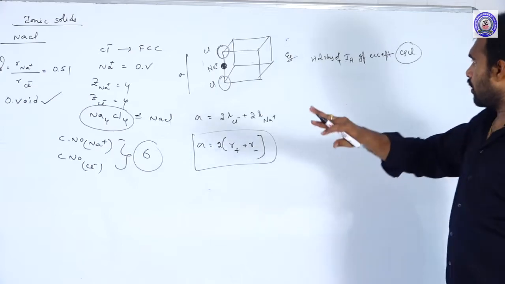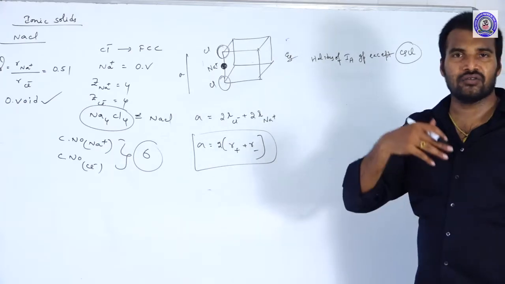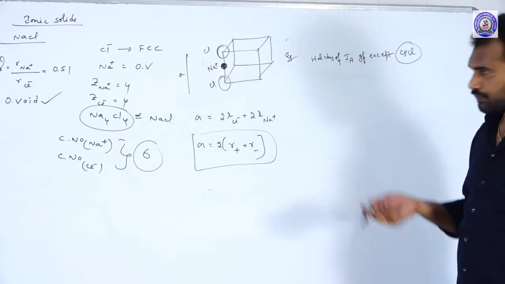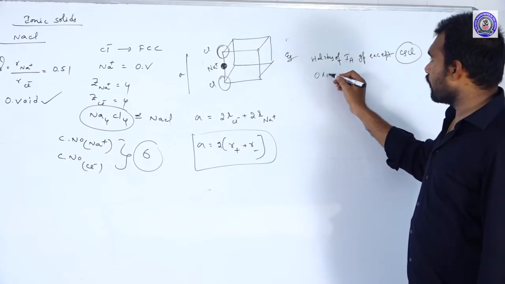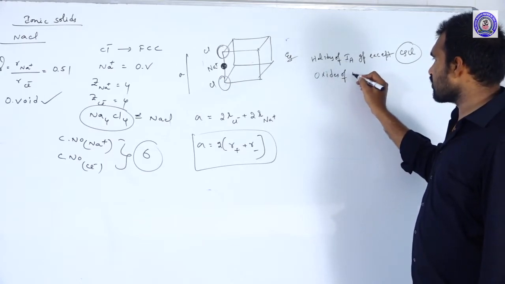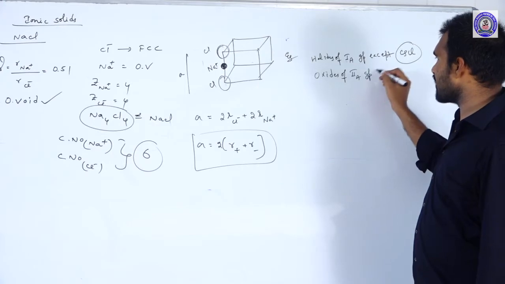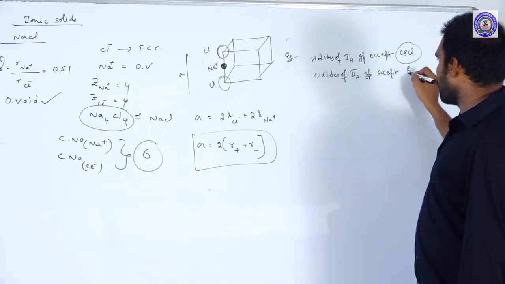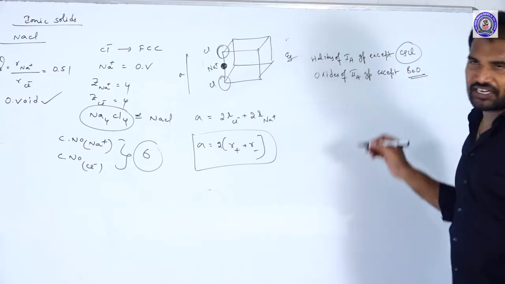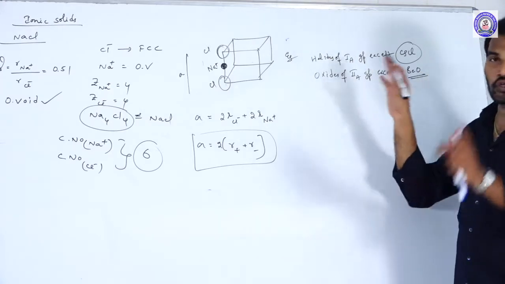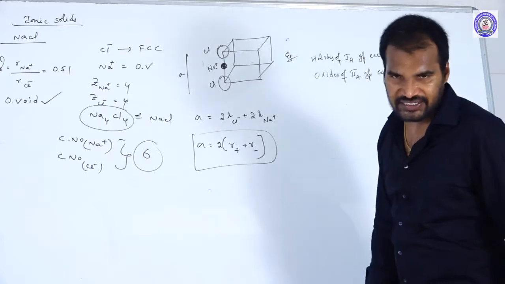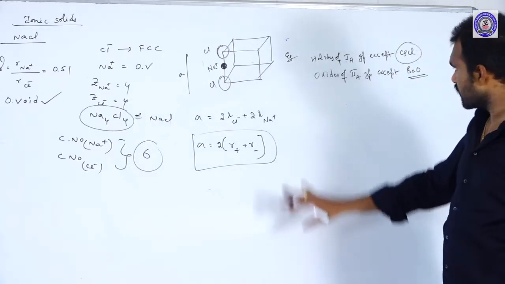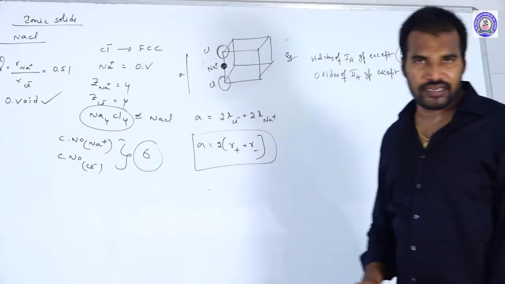That means NaCl, KCl, RbCl like this. And oxides of 2A group elements also show the same, except beryllium oxide. Remaining oxides of 2A group also show the same NaCl type of crystal lattice. Okay, these are the examples of NaCl.